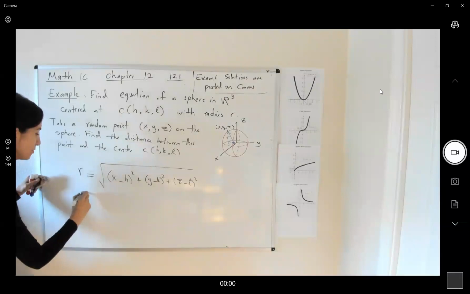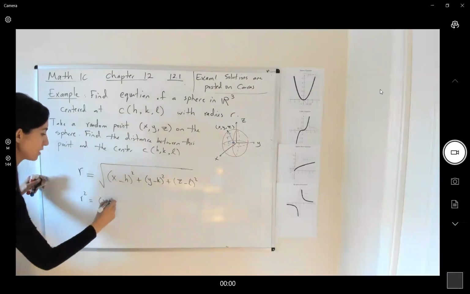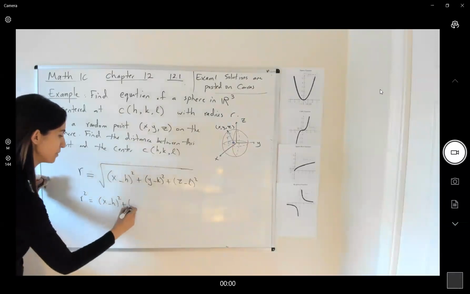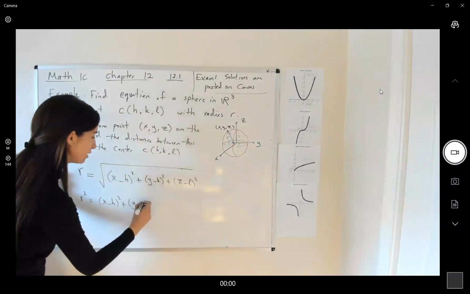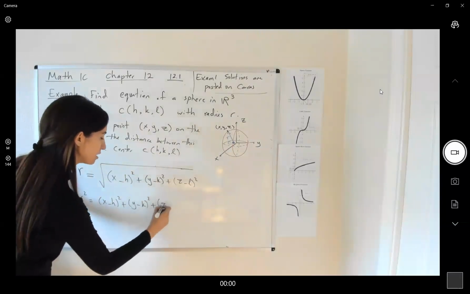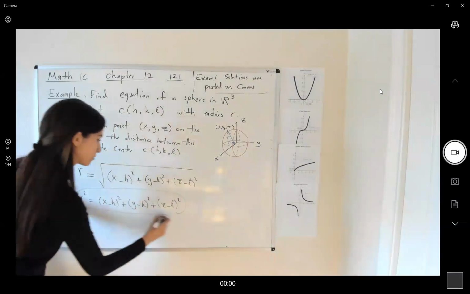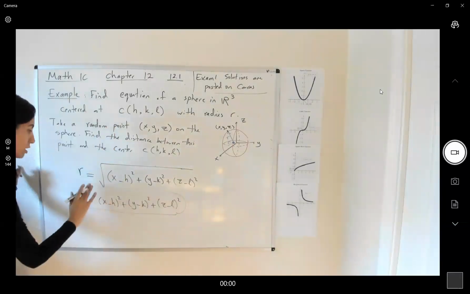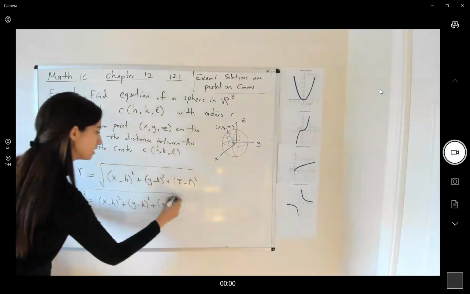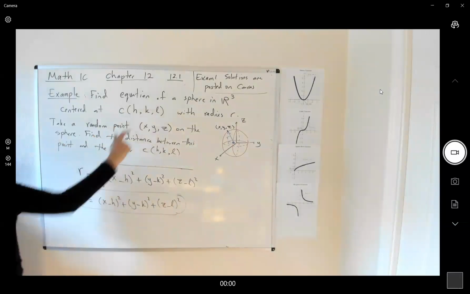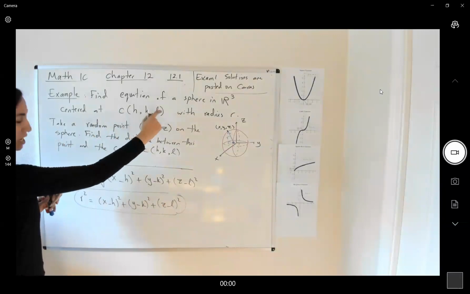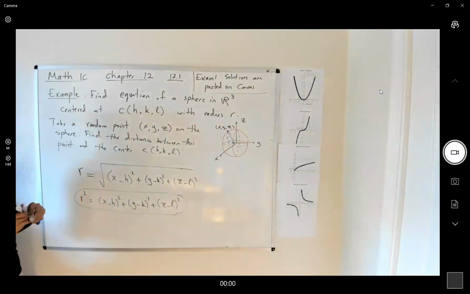R squared is equal to the difference in X values squared, plus the difference in Y values squared, plus the difference in Z values squared. So this is the equation of a sphere centered at H, K, L with radius R.